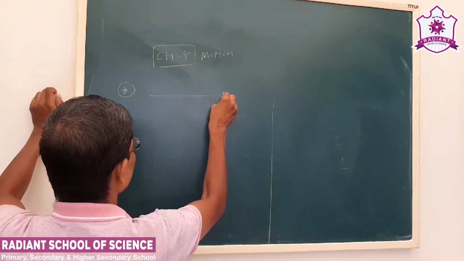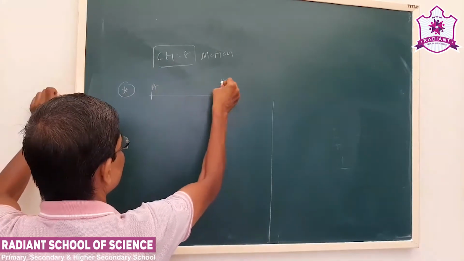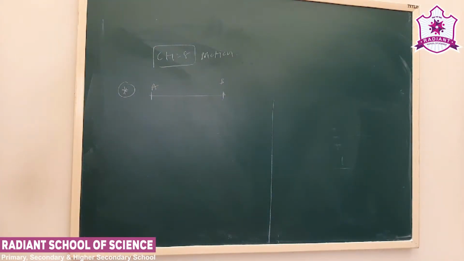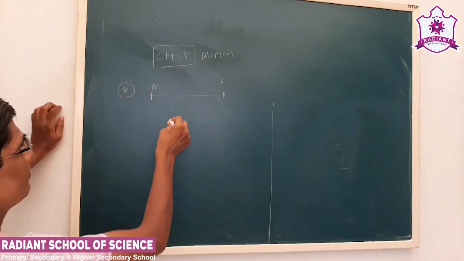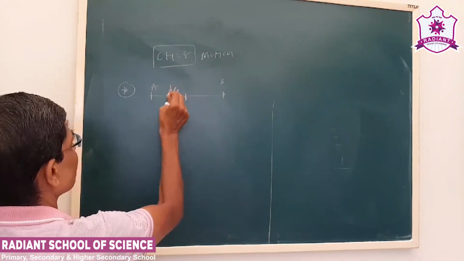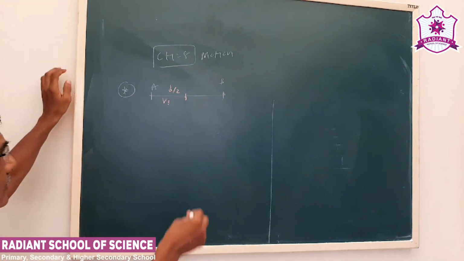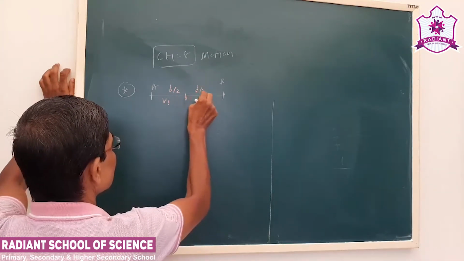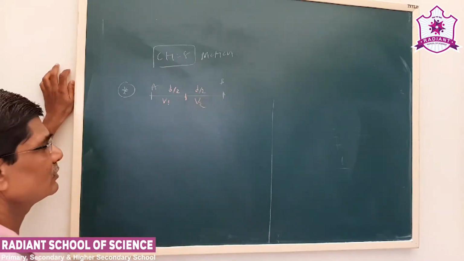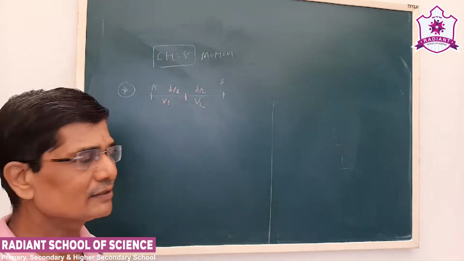Let us say an object moves from A to B. Half of the distance it moves with the speed v1, and the remaining half distance it moves with the speed v2. What will be the average speed?